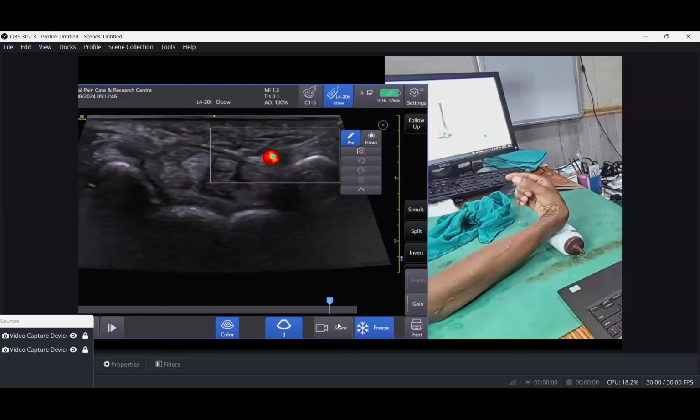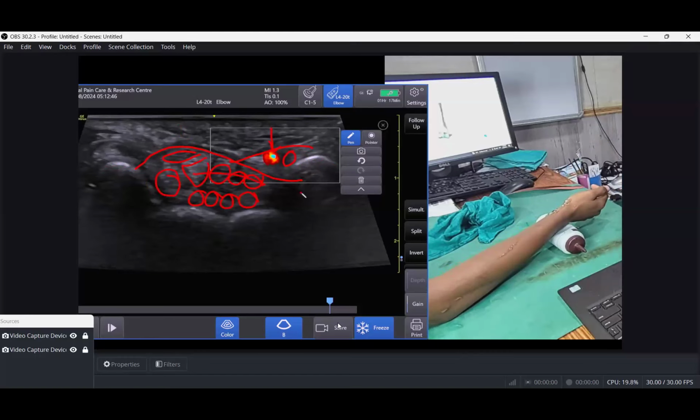Again, this is the median nerve, which is below the flexor retinaculum. This is the ulnar artery, here is the ulnar nerve, and these are the flexor tendons: four flexor digitorum superficialis, four flexor digitorum profundus, and one flexor pollicis longus. So there are nine tendons.